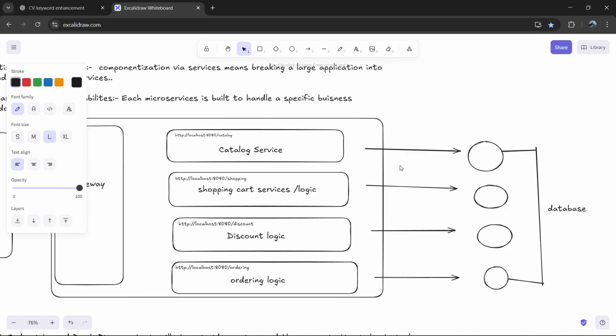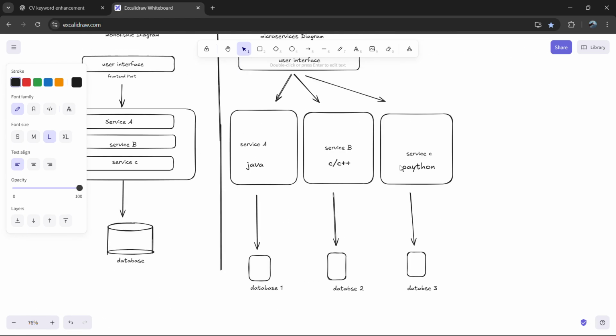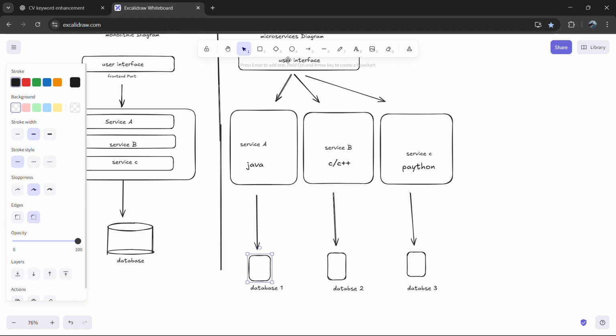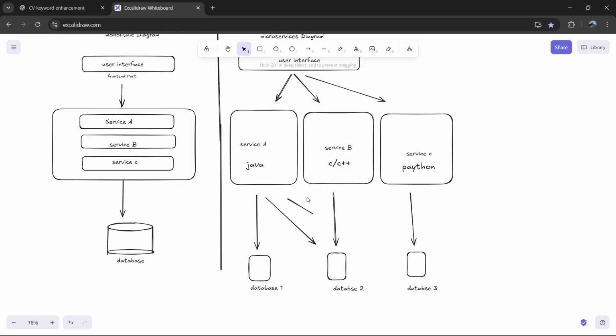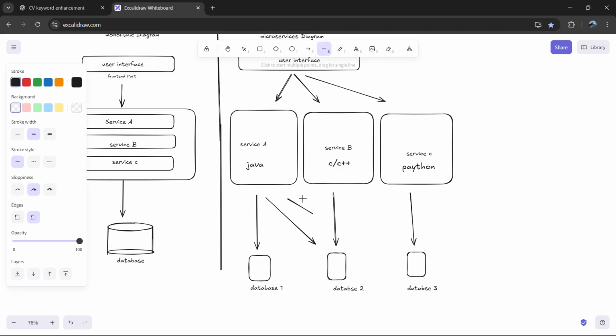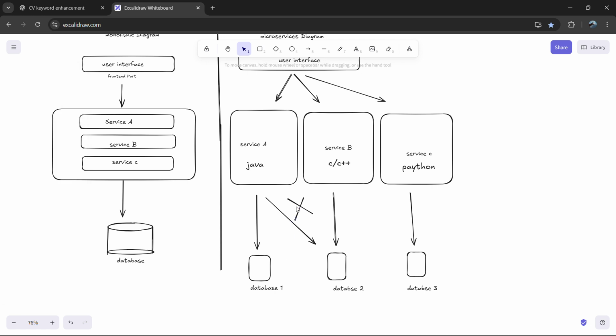So I explained here and here also, that every service has its own database. So this service connects to only this database. So if this service wants to connect with that service's database, this is not possible. If service A wants to connect with the database of service B, then they have to make an API call.